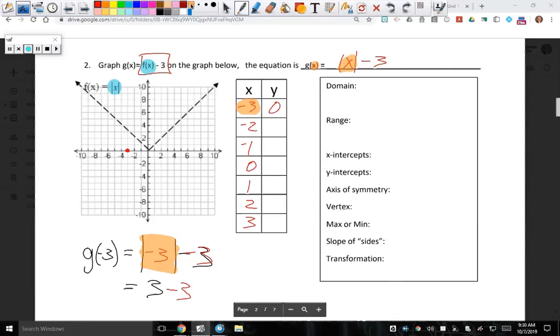Alexia, what if I put -2 in? Alexia, what would I get? If I put -2 into the equation, what would I get as a final answer? Let's write it out, okay? So I'm building this like this, and what I'm going to plug in, Alexia, is a -2, where x goes.